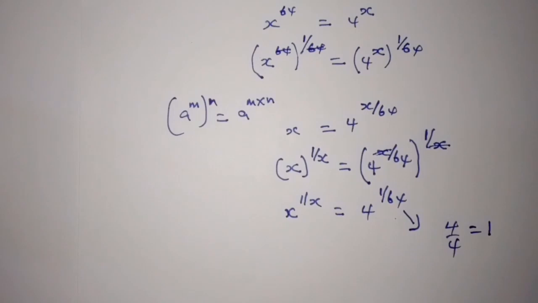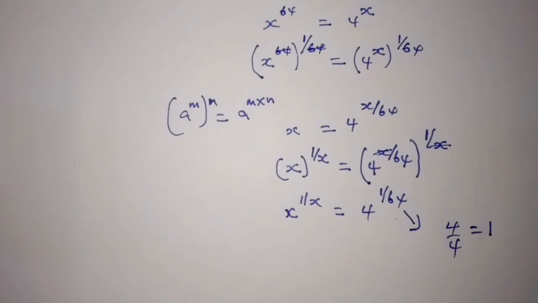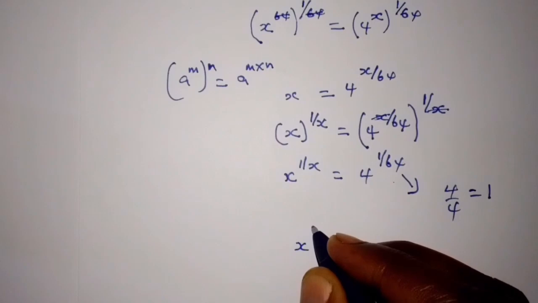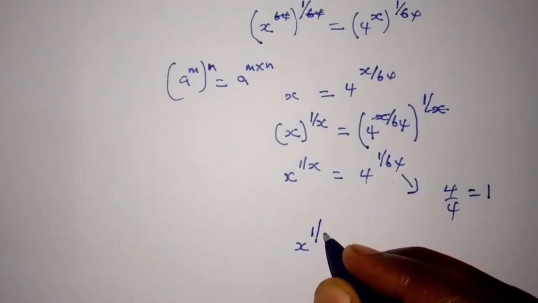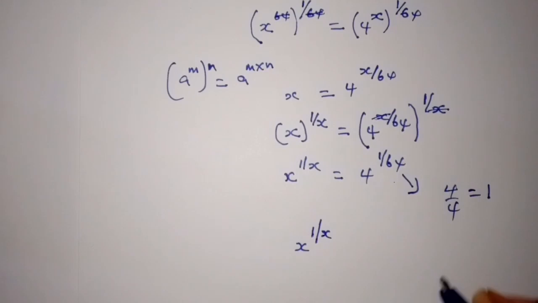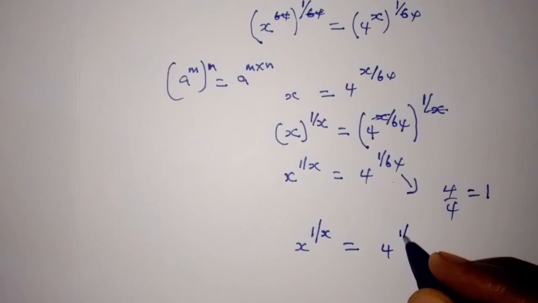So it means that we will have done nothing to this 1 over 64. So now we can say that x power 1 over x is equal to 4 power 1 over 64.